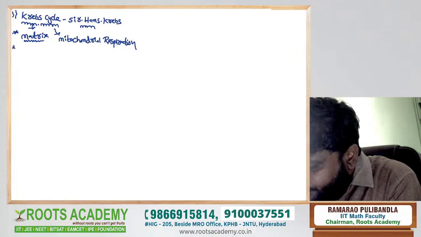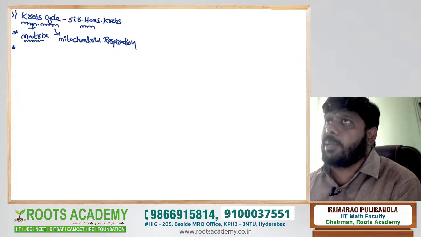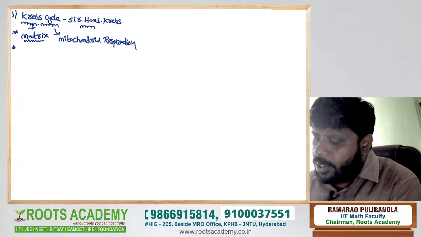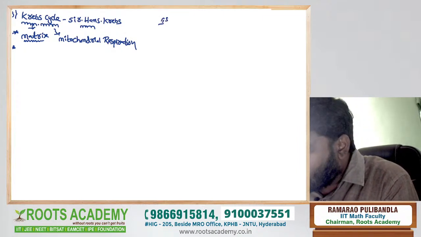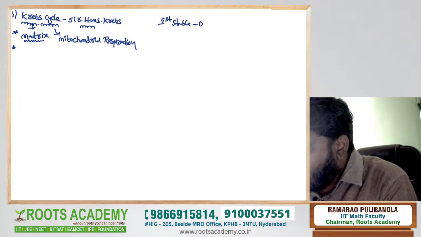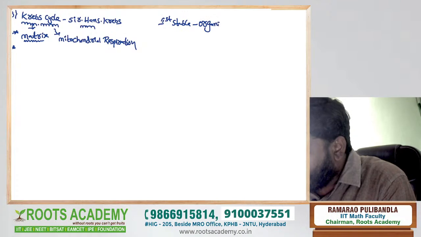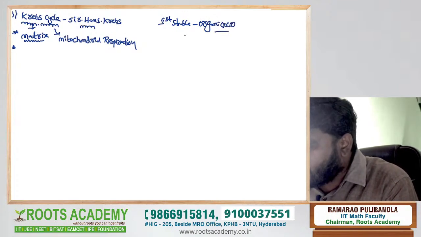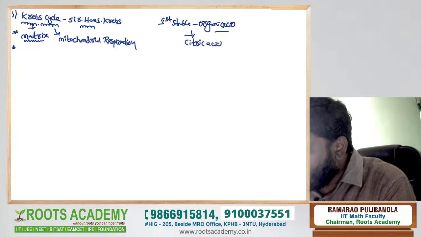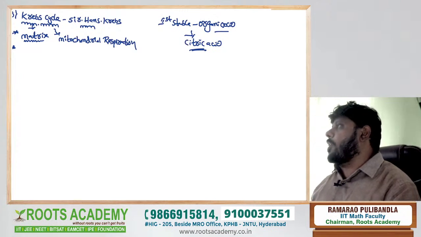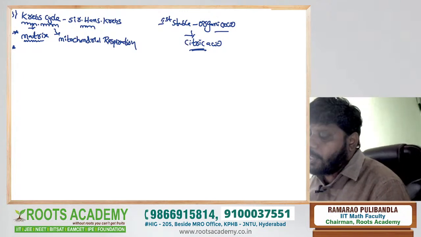Now let's look at the Krebs cycle. The first stable organic acid formed in the Krebs cycle is citric acid. So what is the first stable organic acid formed in the Krebs cycle?